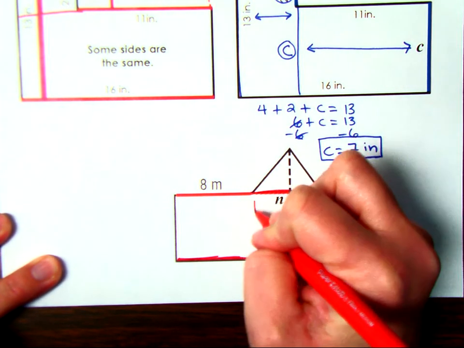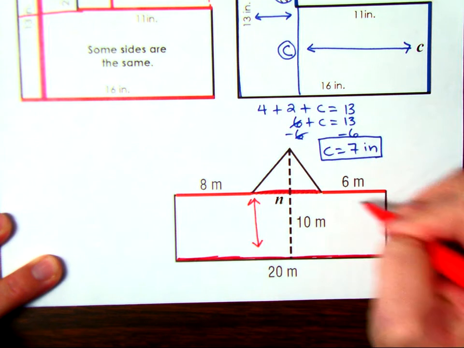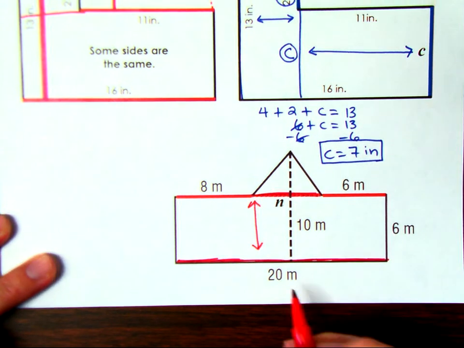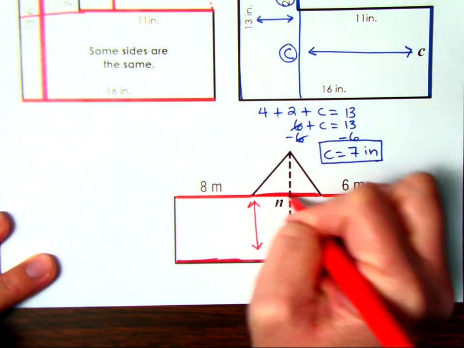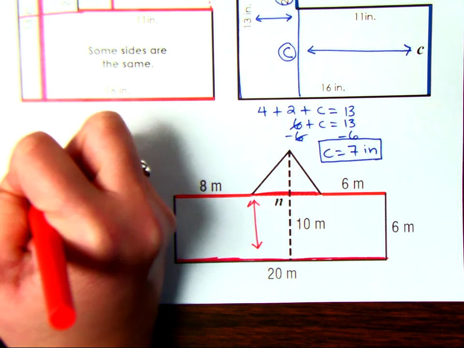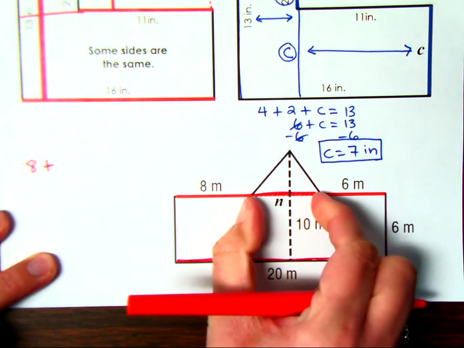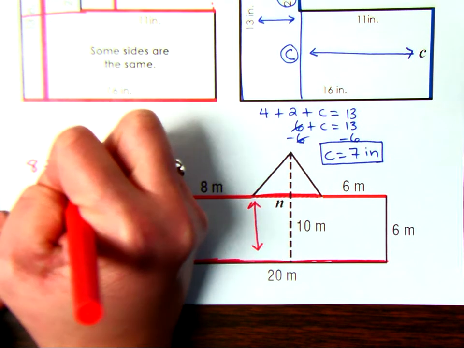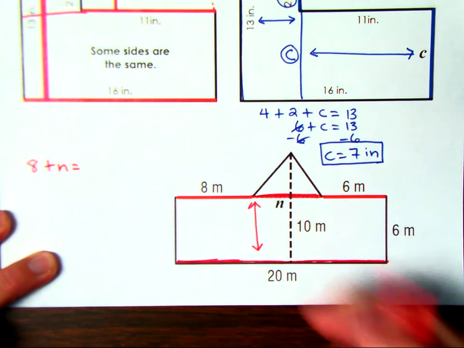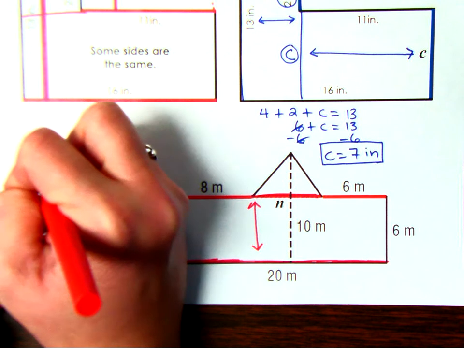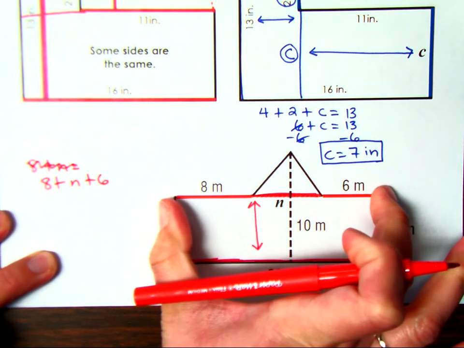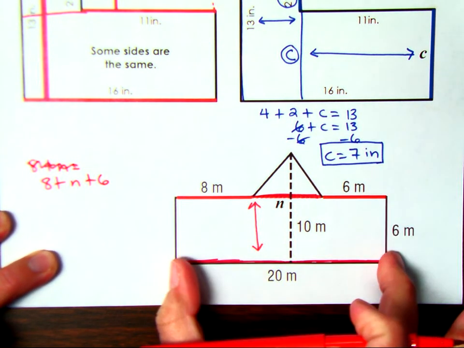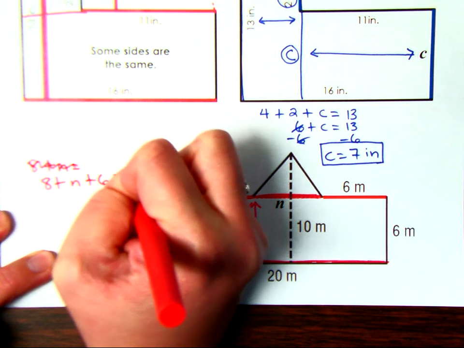So its opposite side is parallel and congruent. This part where it says n represents that little dash. So it's really 8 plus that dashed line n that I colored over so you can see that it's congruent. I'm sorry, that was supposed to be a plus sign. So 8 plus n plus 6, all that distance right there, is equal to 20.